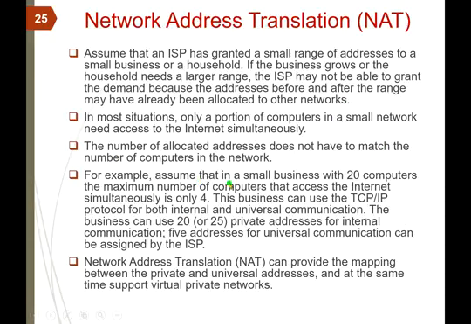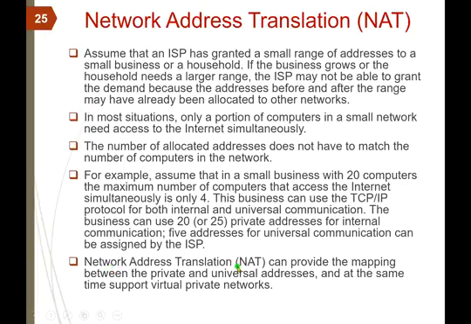For example, take a small business with 20 computers where the maximum number of computers that access the internet simultaneously is 4. This business can use the TCP/IP protocol for both internal and universal communication. The business can use 20 or 25 private IP addresses internally and use these 4 public IP addresses to communicate with the internet.